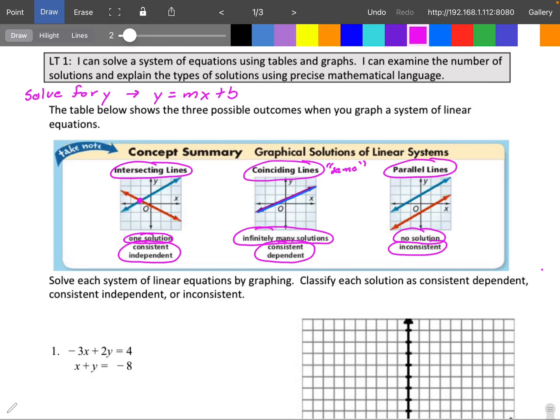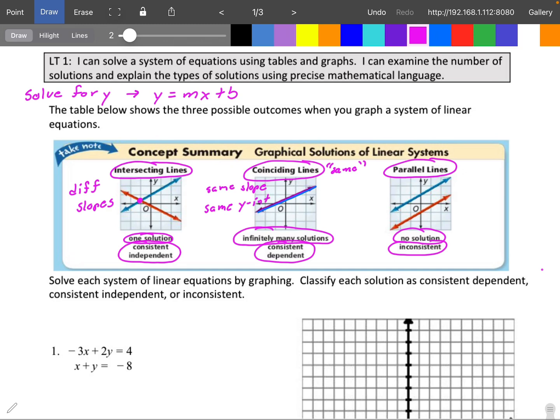Now you can kind of tell ahead of time what's going to happen. So if you have intersecting lines, then those lines are going to have different slopes. So if they have different slopes, then they're going to cross at some point. If you go out far enough, they will cross somewhere. Then coinciding lines, so if they're the same line, then they're going to have the same slope, and they're going to have the same y-intercept.